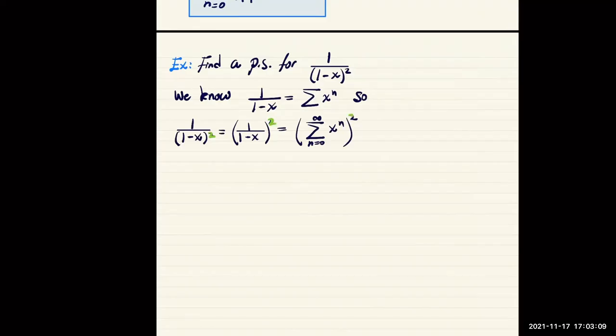See what I said? The square of an infinitely long polynomial. Please do not say this is equal to the sum of x to the 2n. No, no, it is not. The square of a sum is not the sum of squares.